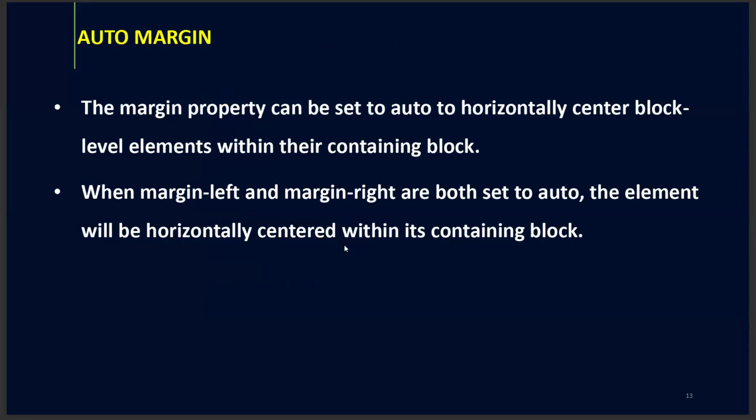Then we have what we call auto margin. The auto margin can be set to horizontally center block level elements within their containing blocks. When the margin left and margin right are both set to auto, the element will be horizontally centered within its containing block.